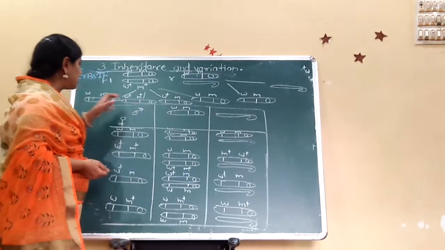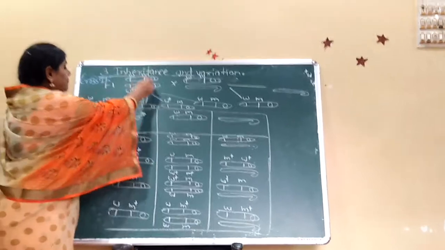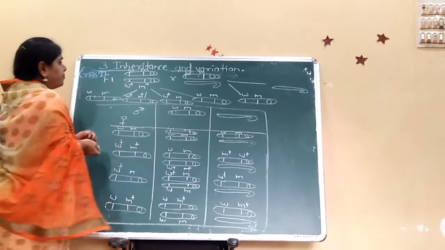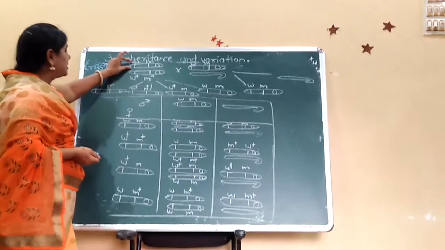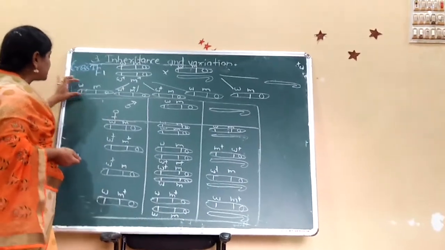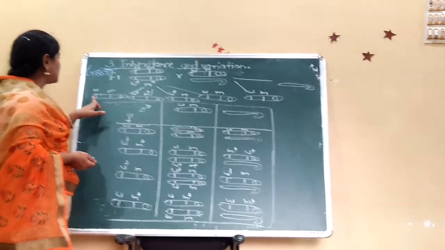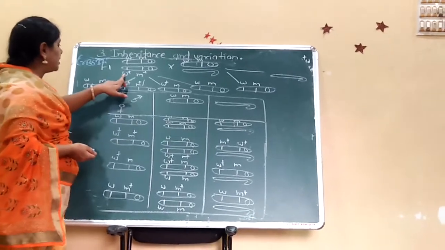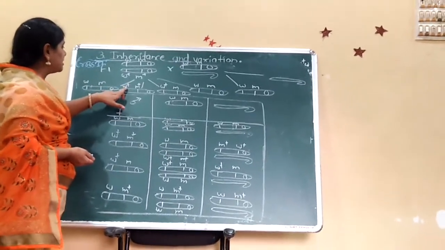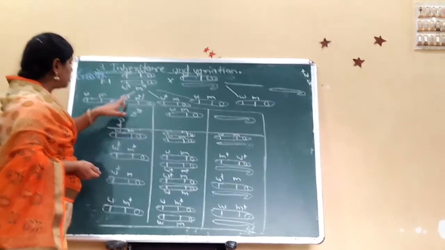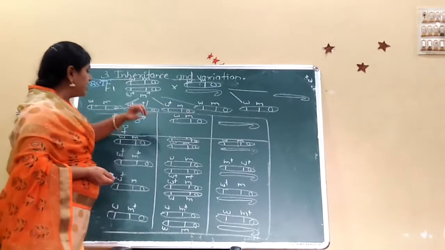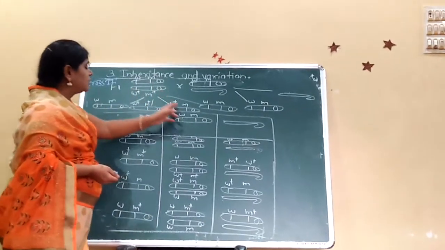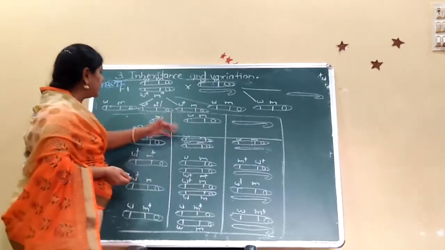When this is crossed, the female produces four types of gametes. The first gamete is W and M. The second gamete is W plus and M. This circle-like structure is the chromatin, and here is the centromere.